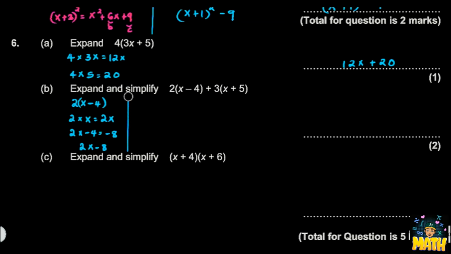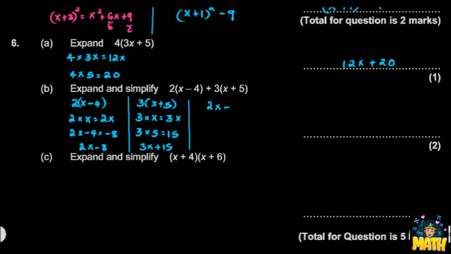And then the second part of the bracket is 3 into x plus 5. So each of the numbers in the brackets are going to be multiplied by the 3 outside. So I'll have 3 times x and 3 times 5. So I rewrite that 3x plus 15. And then the final step is to put them all together.